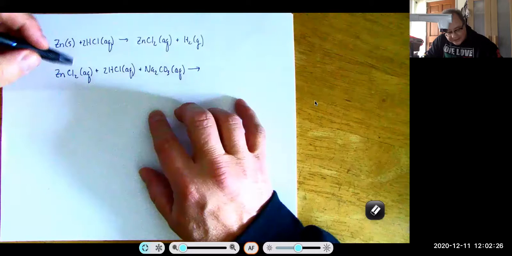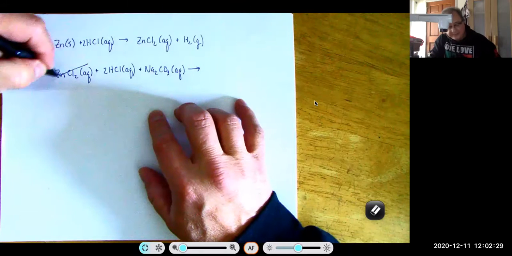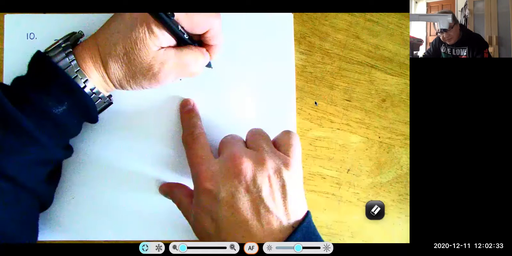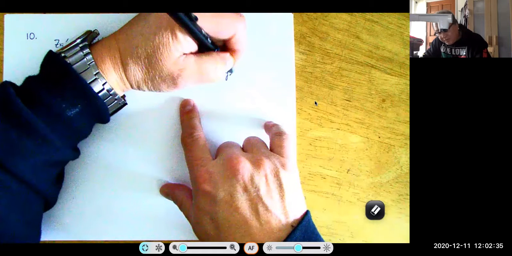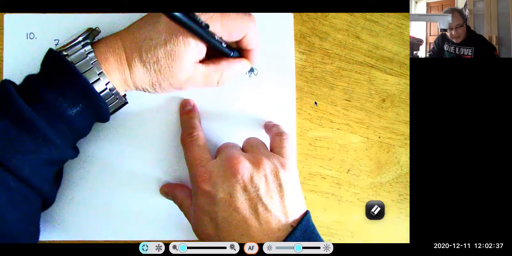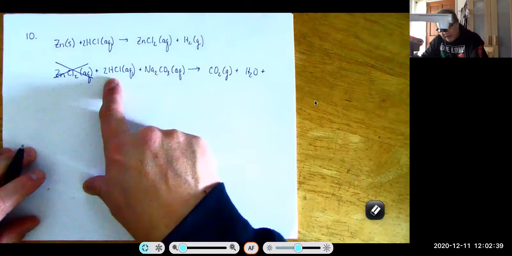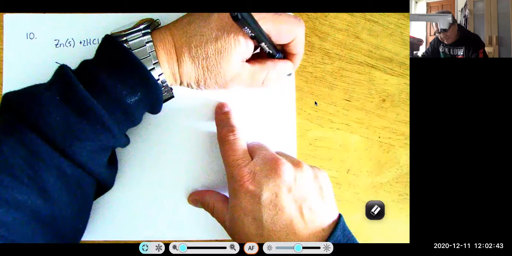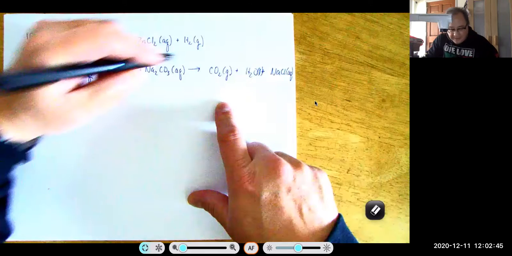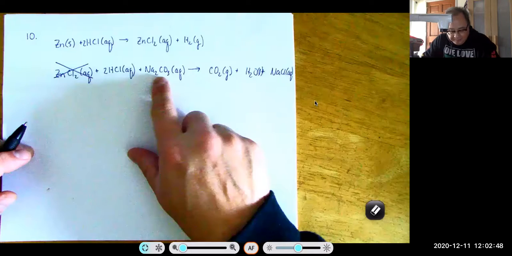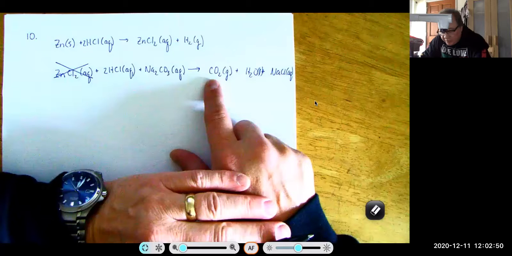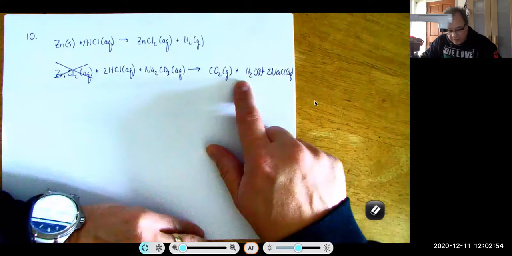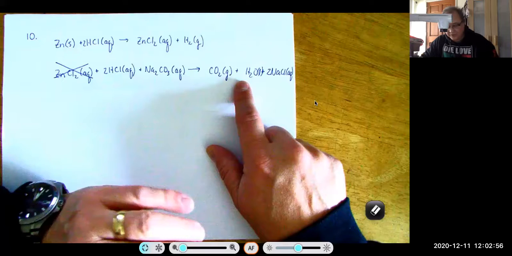The reality is this is what's happening: you get CO2, H2O, and sodium chloride. To balance this, this should be 1, this should be 2, and this should be 1.